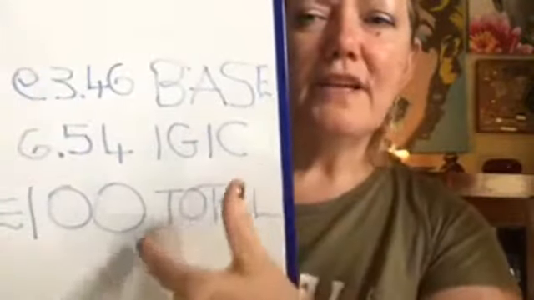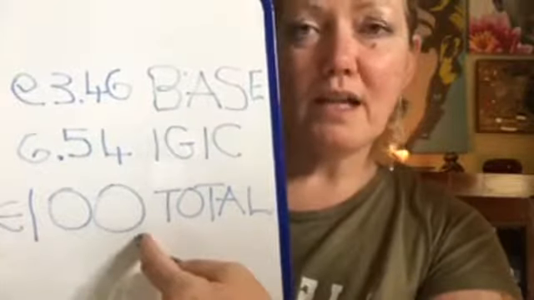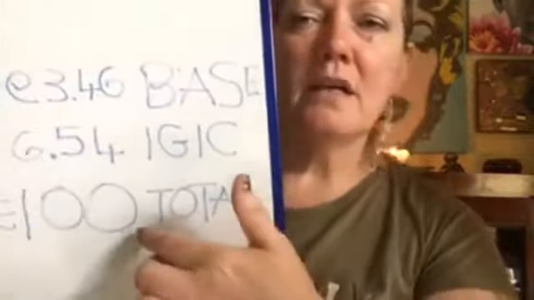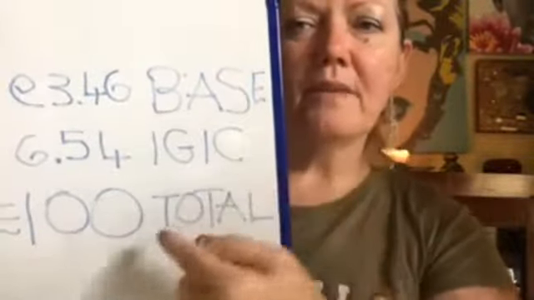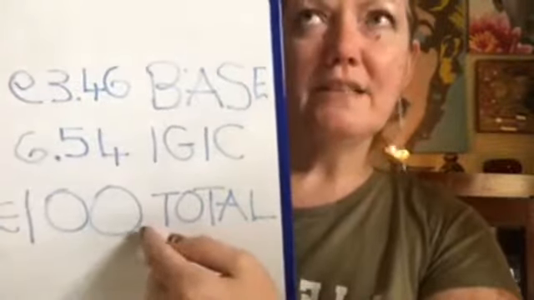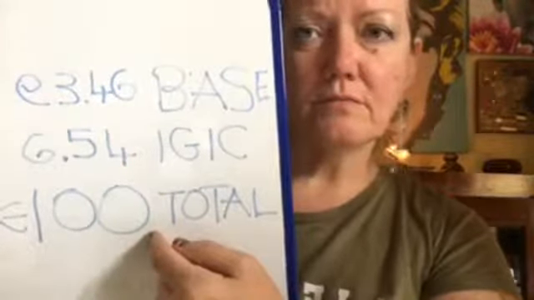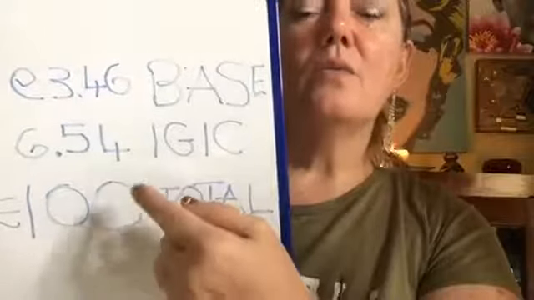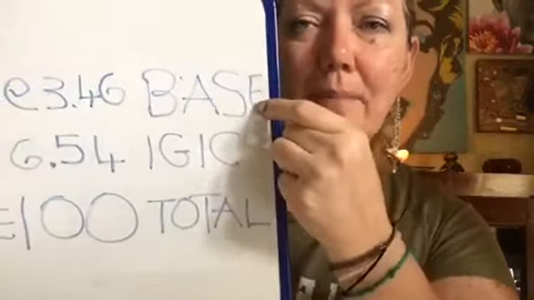You take this figure at this rate. I've taken €100 as the total that I quoted the client, or my client quoted their client, and they bring in €100. So the invoice has got to be done this way. We divide this €100 by 107 and multiply by 100, and we get the base figure.